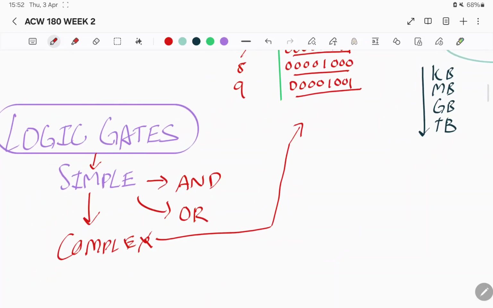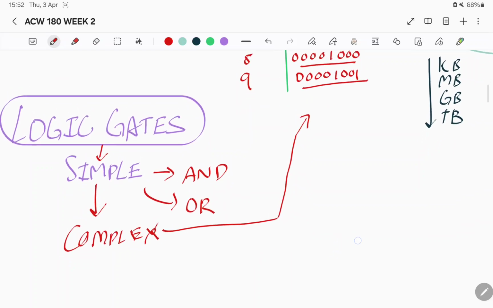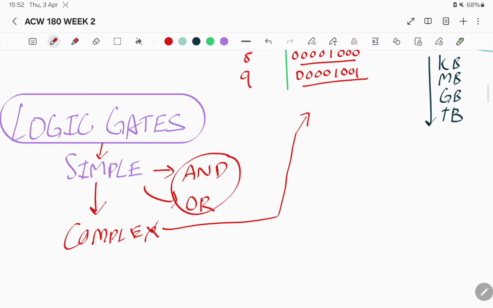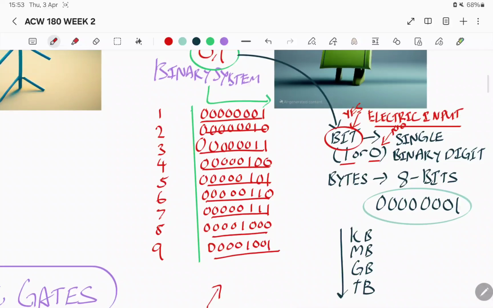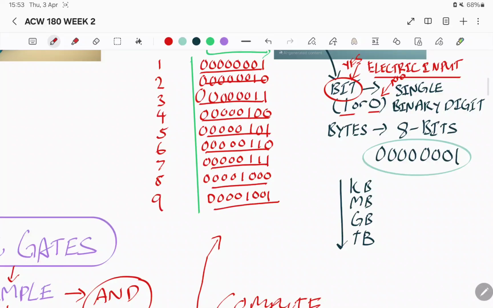In the notes, I have a more detailed explanation of how these simple logic gates can form a complex logic gate to actually store and compute these frequencies.